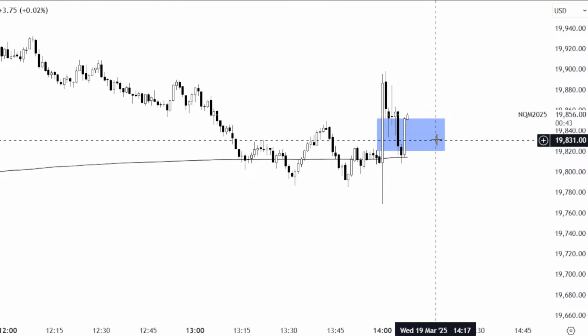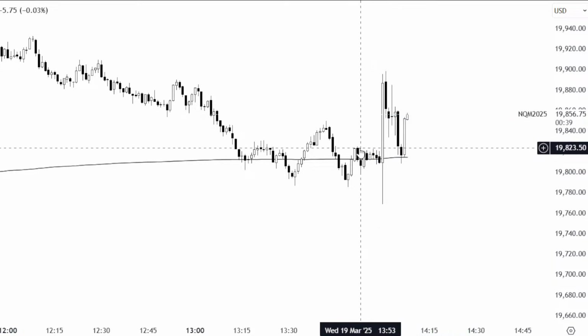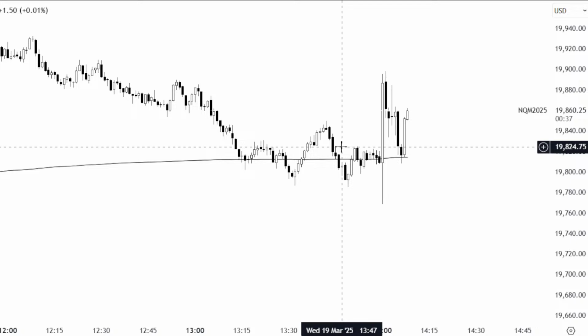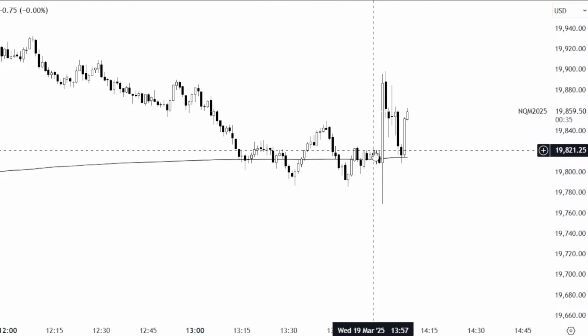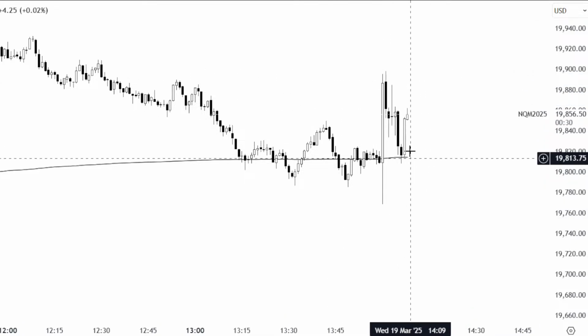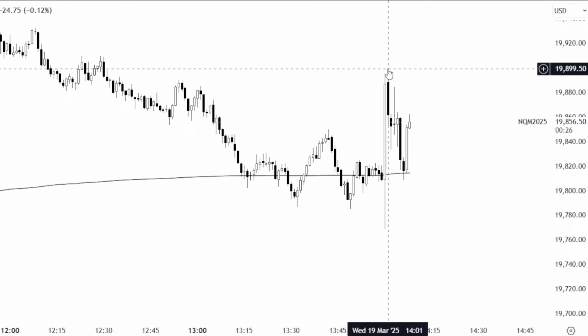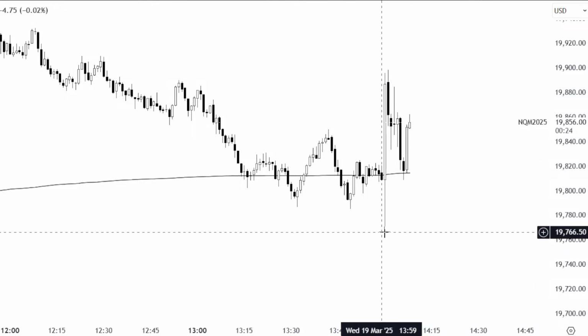I'm going to take this off because now we've come off a fair value gap, invert this little gap here, but this is not something I would trade, guys. I'm just saying there's liquidity on the top side and the bottom side here.